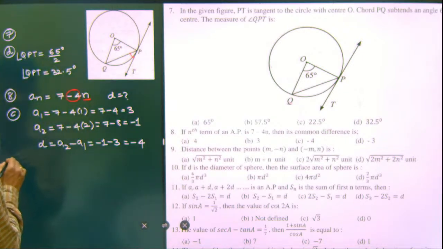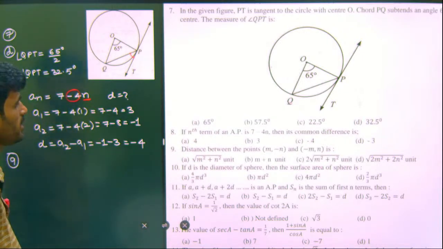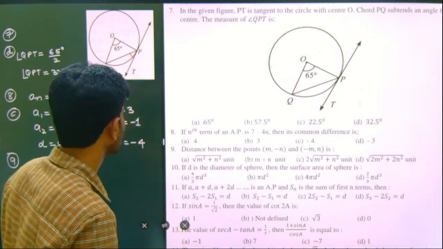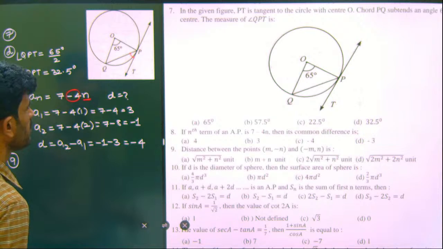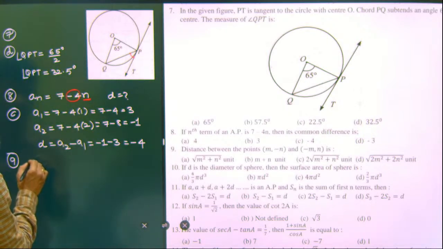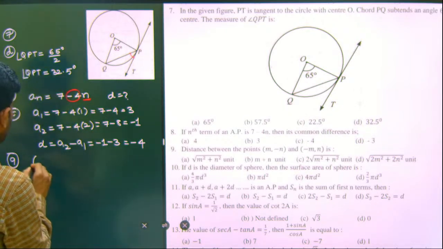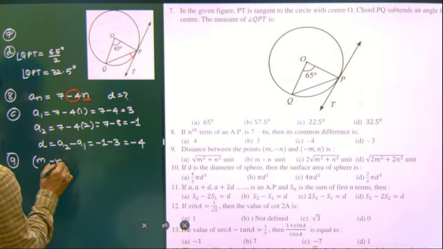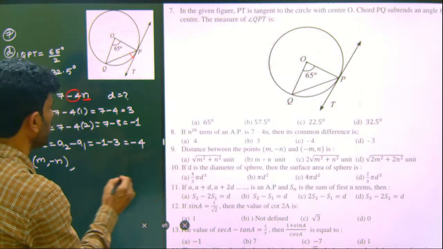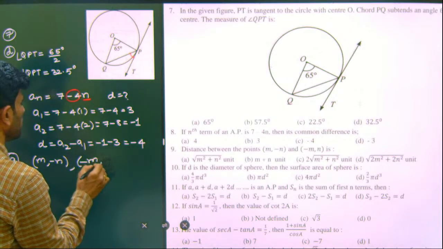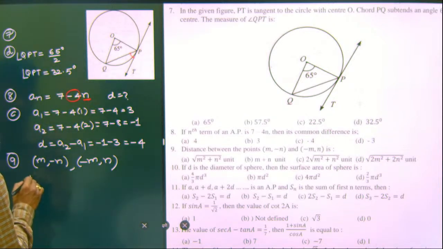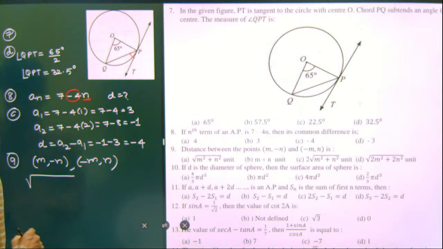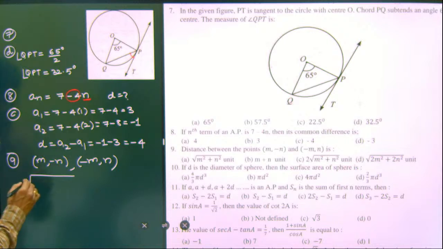Now question number 9 is related to coordinate geometry, distance between 2 points. Did you get anybody question number 9 answer? Points are given m comma minus n and another one minus m comma n. What is the formula we have? Root of x2 minus x1 whole square plus y2 minus y1 whole square. So what?